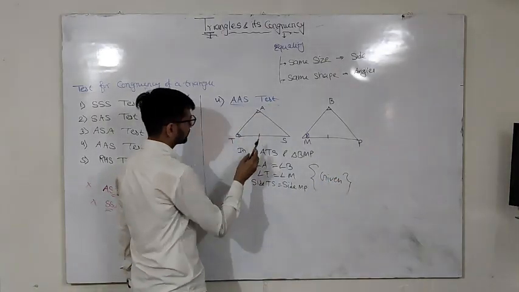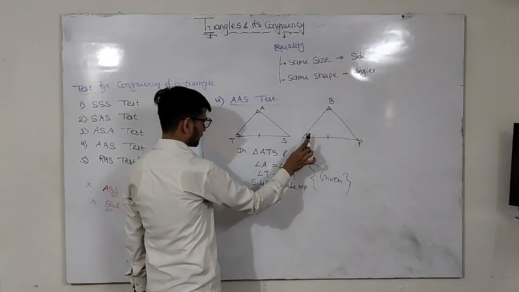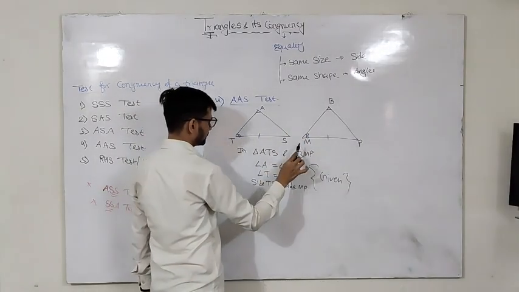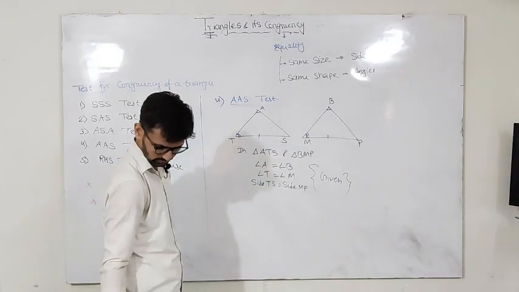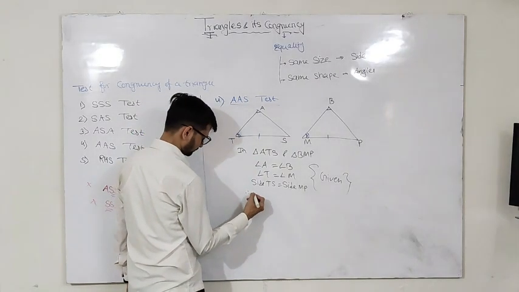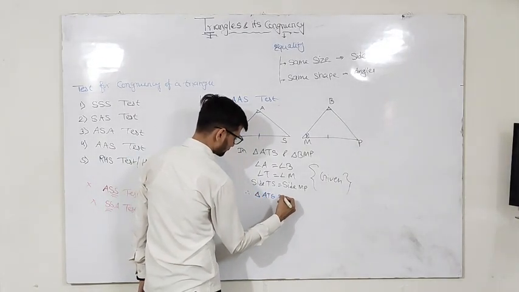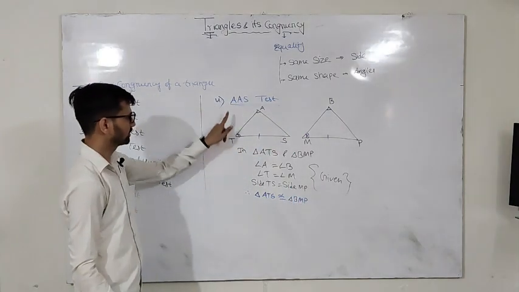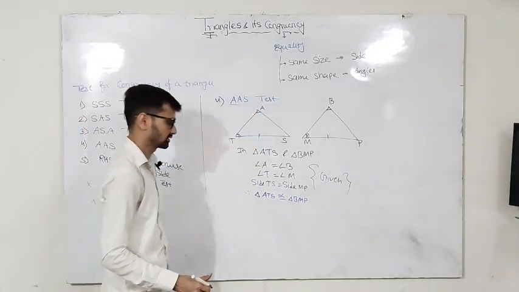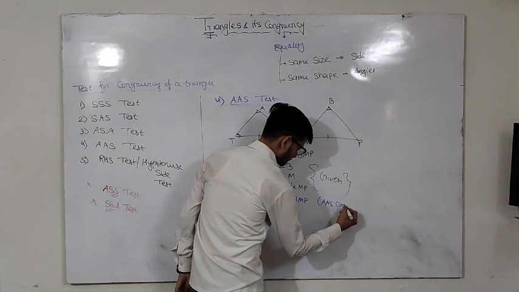These are given. Angle A equal to angle B, angle T equal to angle M, and side TS equal to side MP. Therefore, triangle ATS is congruent to triangle BMP, by which test? AAS test. AAS congruency test.